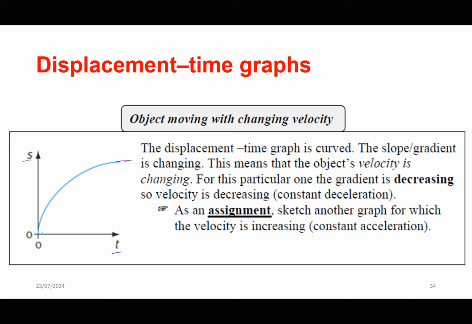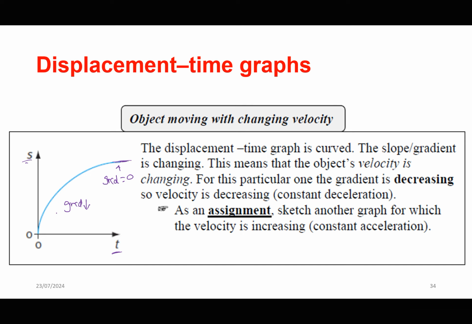What does that mean? It means that by the time we reached 0, the gradient was decreasing. So here the gradient is decreasing, and at this point here, the gradient equals 0.